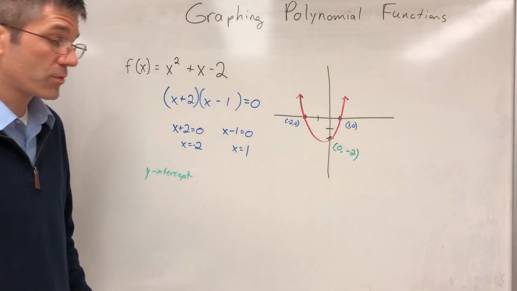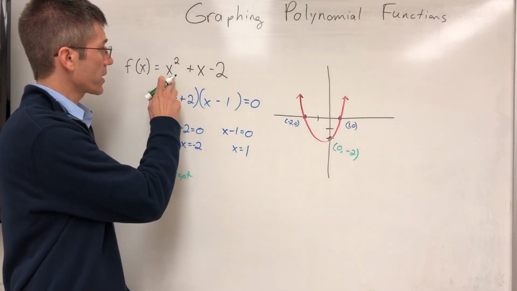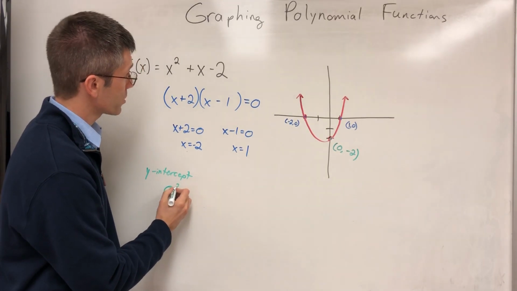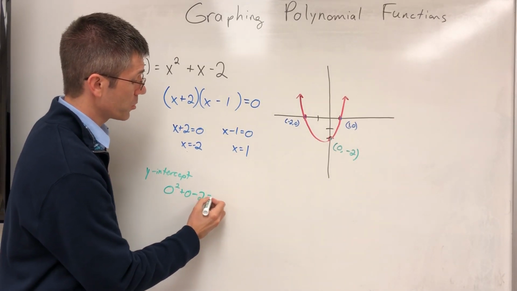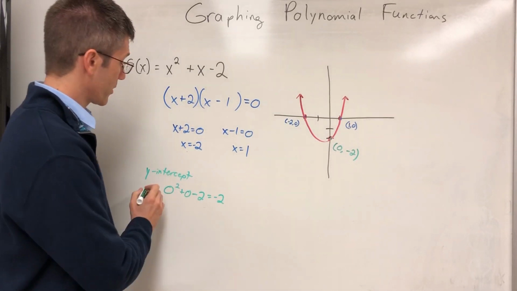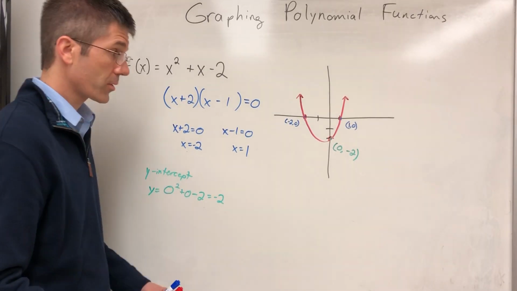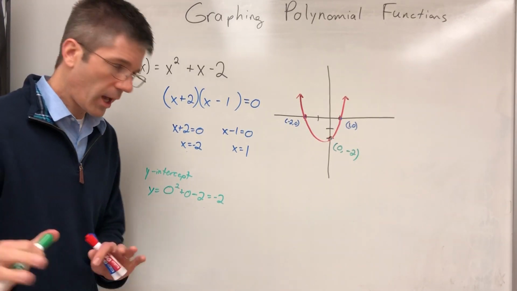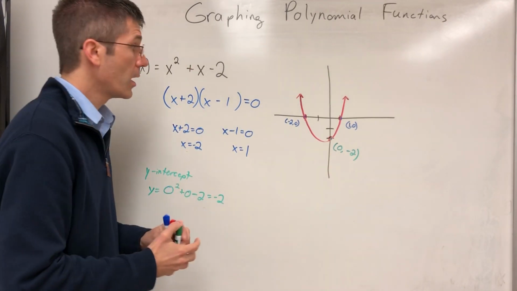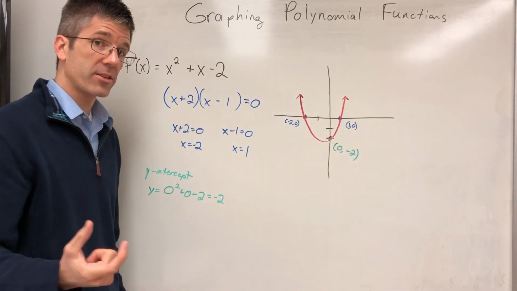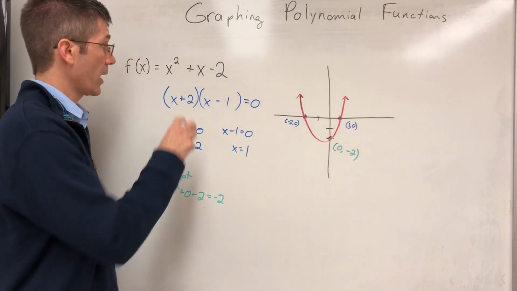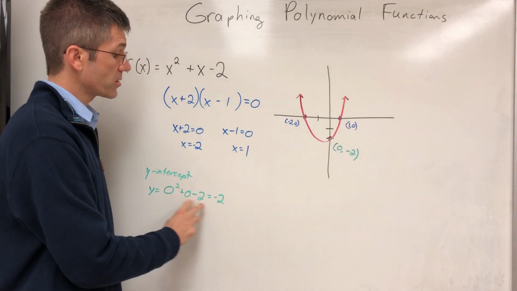In this case, it's -2. I plug in 0 for x and see what's left: 0 squared plus 0 minus 2 equals -2. There we go, we found it. This is the y-intercept. So here's what just happened: I gave you an equation and a graph, and we tied the two together by factoring, which shows us our x-intercepts, and plugging in 0 for x gives us our y-intercept.